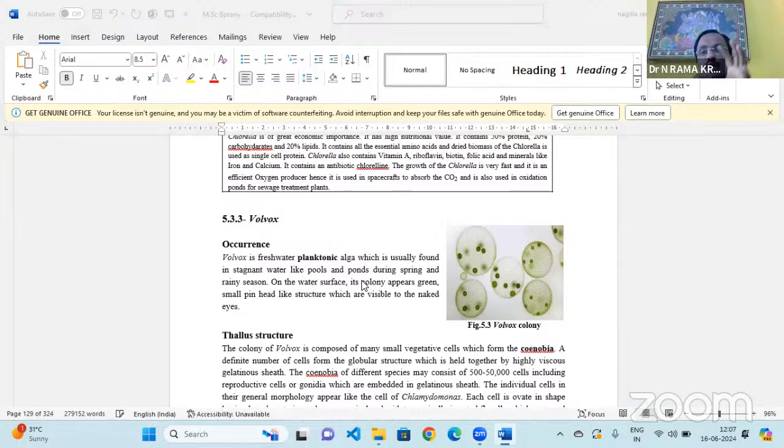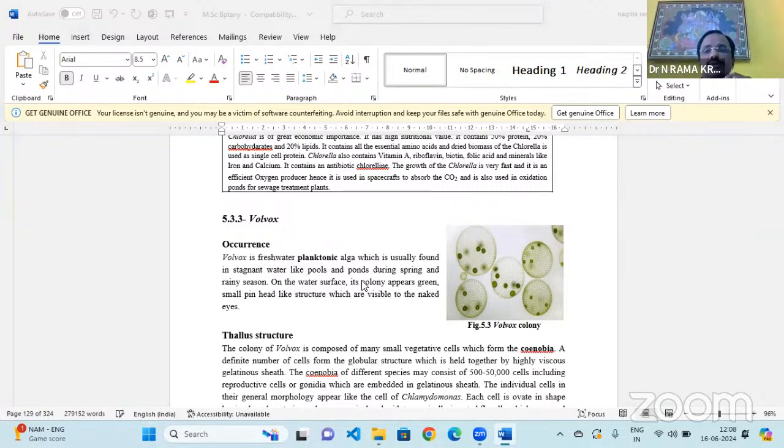The chloroplast is cup-shaped, sometimes spiral-shaped, and sometimes discoid-shaped, so different shapes of chloroplast are seen in chlorophytic algae. The storage food material is mainly starch.